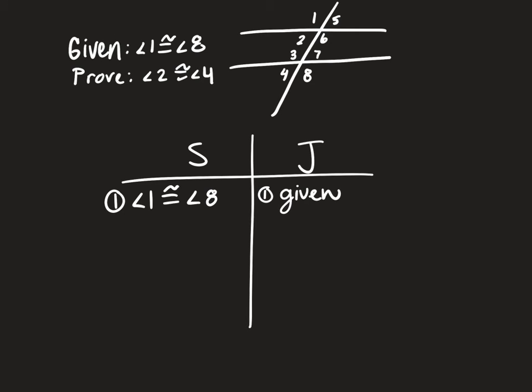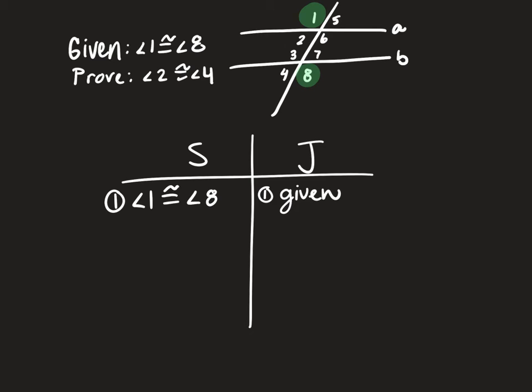So again, looking at angles 1 and 8, what kind of angles are those? Consecutive exterior. Not consecutive, because we've got 1 here and 8 here. Alternate, because they're on different sides. Oh, sorry, I forgot to label the lines. The top one is line A, the bottom one is line B. Alternate exterior angles.